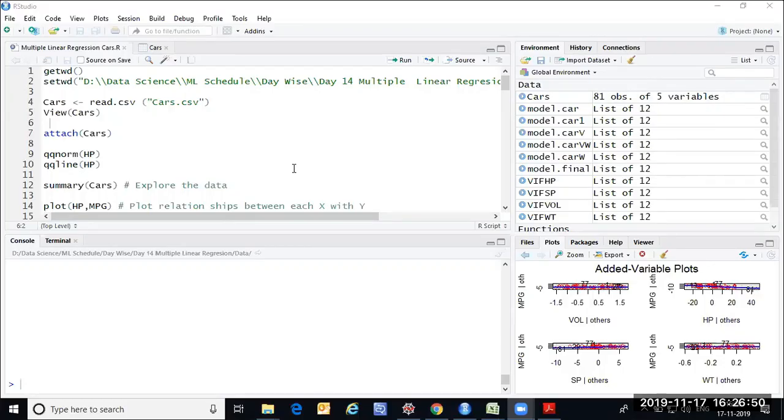Let us start then. Let's look at the Python part of the multiple linear regression.